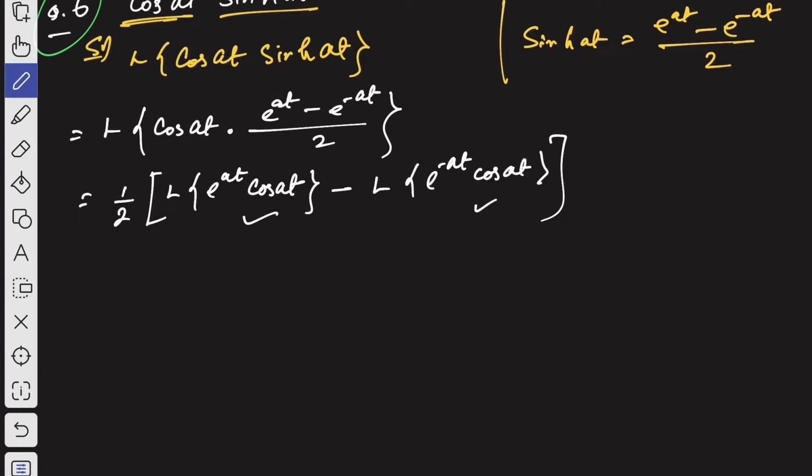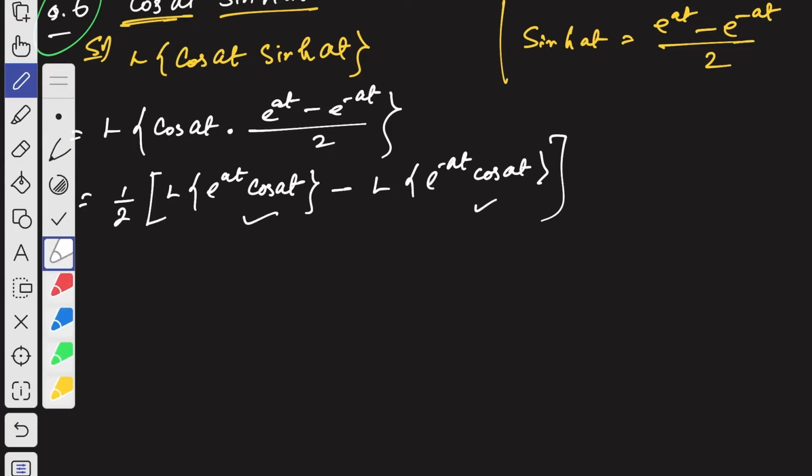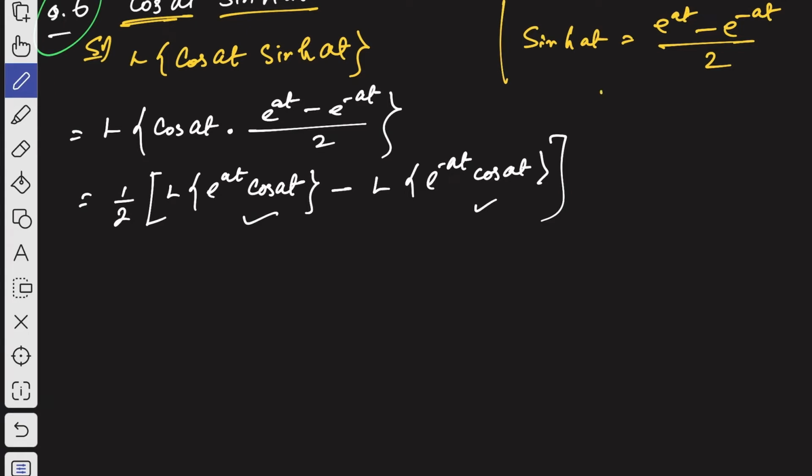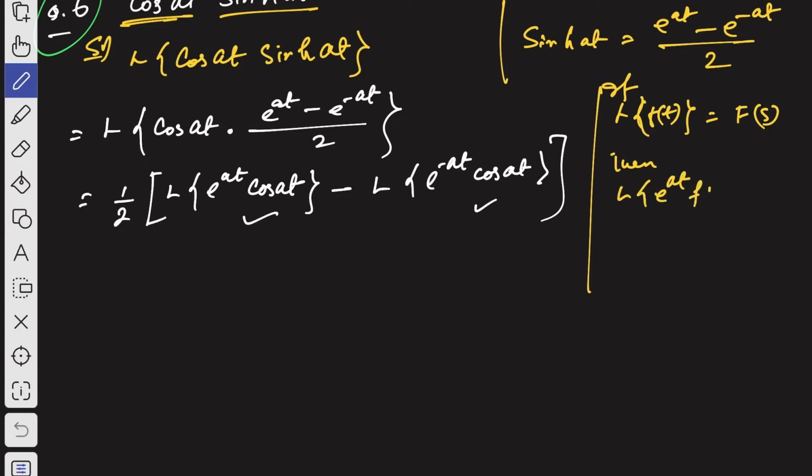Again, in both cases we are going to apply the first shifting theorem, right? So what was that? If Laplace transformation of f of t is capital F of s, which is a function of s, then Laplace transformation of e to the power at f of t is given by capital F of s minus a, right?